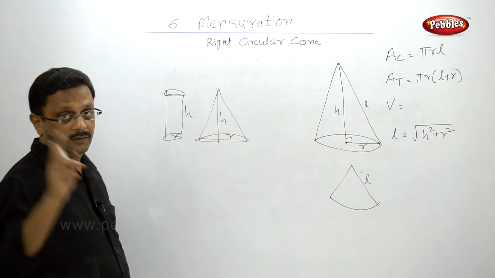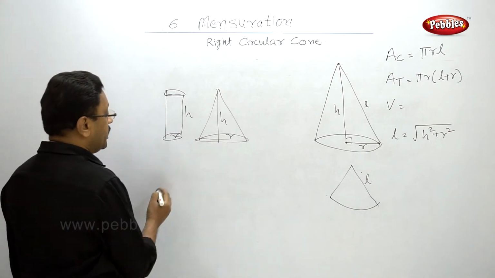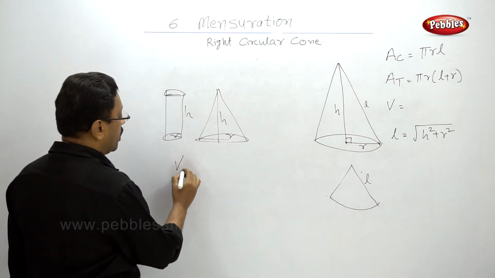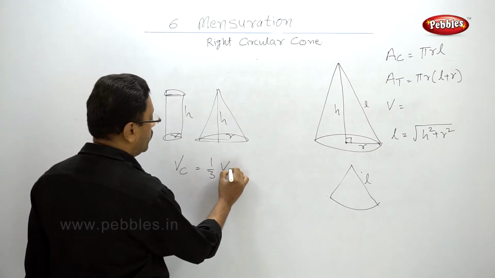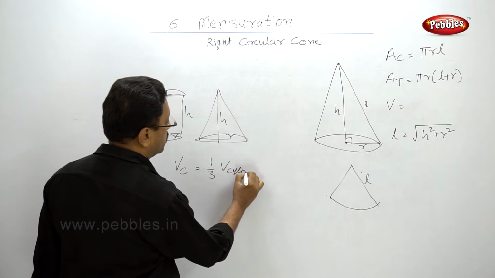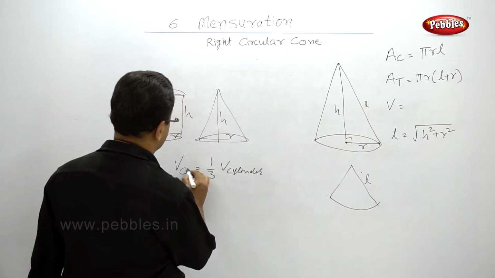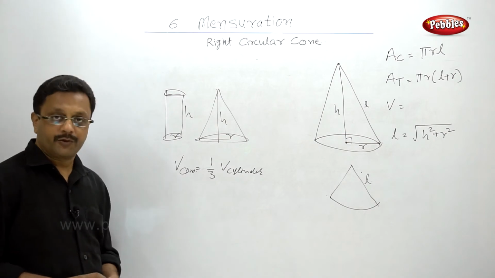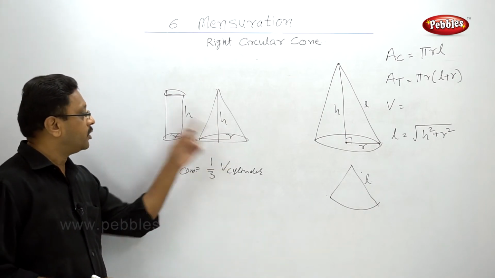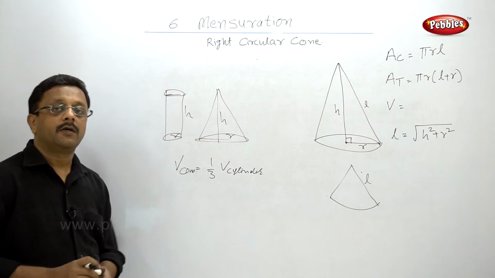Now the relation between these two is that the volume of the cone is equal to 1/3 the volume of the cylinder. This is the relation between their volumes. The volume of this cone is 1/3 the volume of this cylinder.